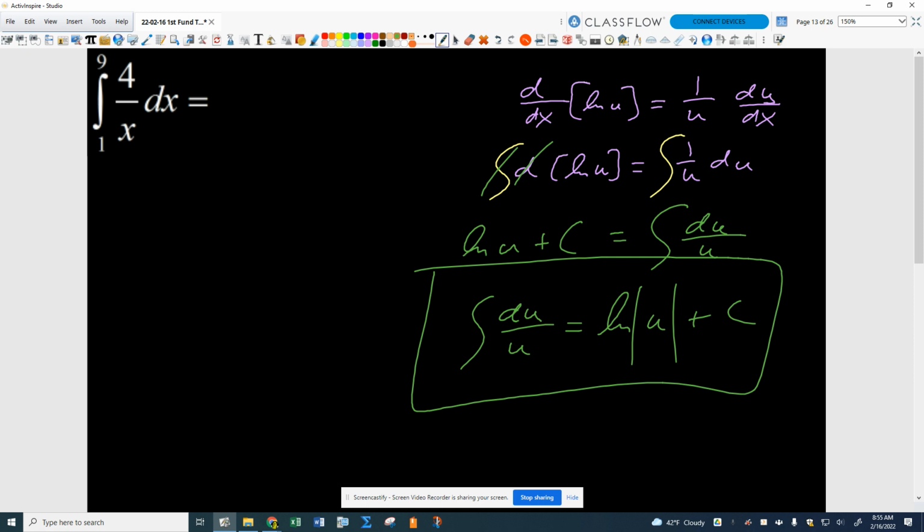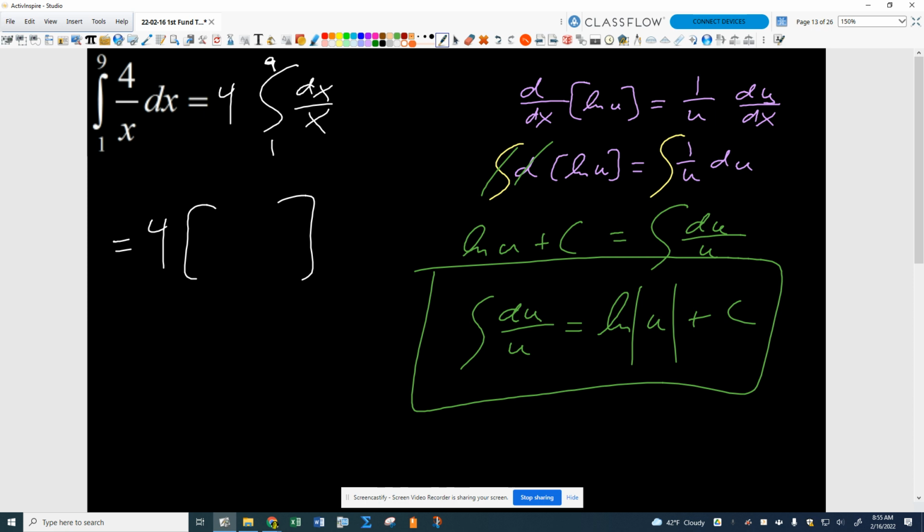Okay? So how would we go about this? Then we would just say we're going to pull the 4 out front, and then we've got the integral of dx over x from 1 to 9. So that's going to give us 4 times the antiderivative of 1 over x dx, which is just log x.